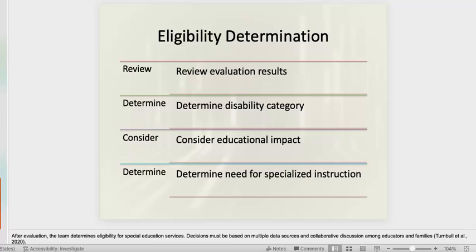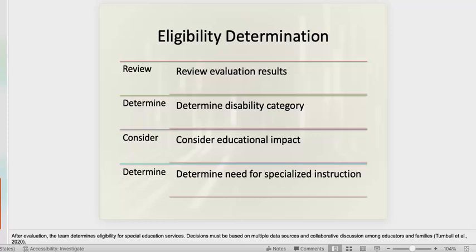Eligibility determination. After the evaluation is completed, the team meets to determine whether the student qualifies for special education services. Eligibility decisions are based on several important factors. First, the team reviews the evaluation results to determine whether the student meets the criteria for a disability category under IDEA.